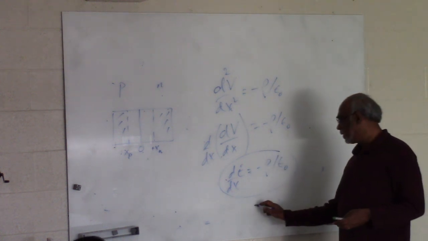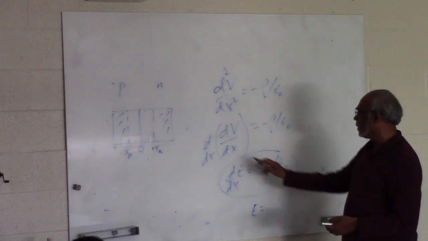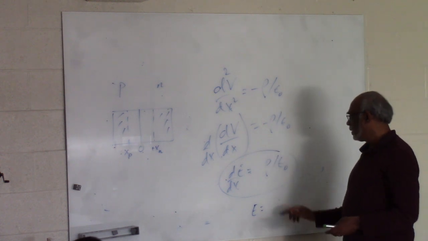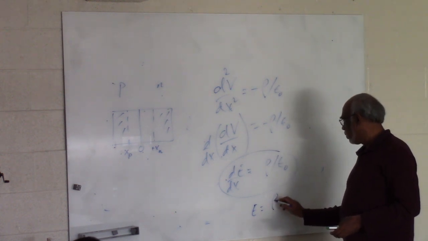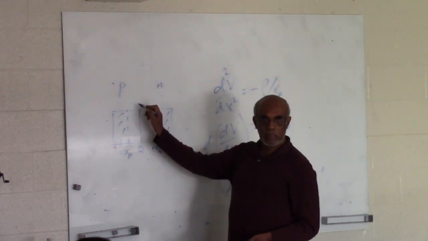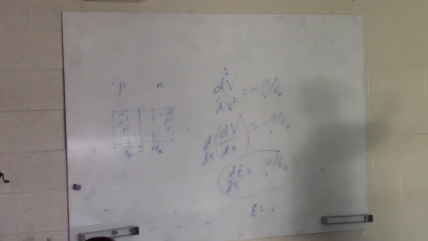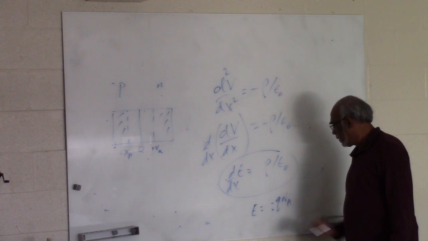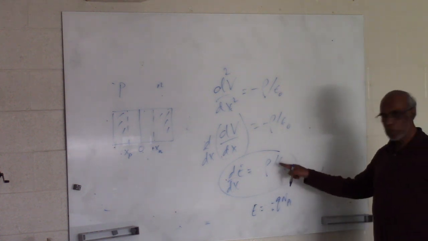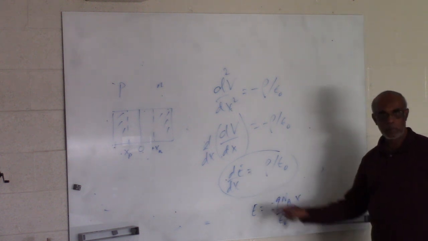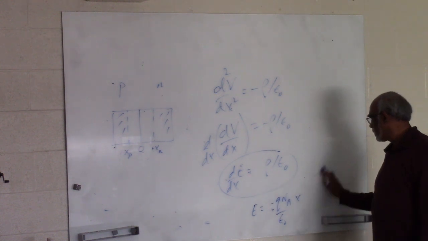How do you integrate this one? E equals rho over epsilon. But what is rho now? If I take this side here, your rho is basically negative Na, so I can say Q times negative Na, that's your rho, divided by epsilon 0 times x. I integrate this one, plus some constant.